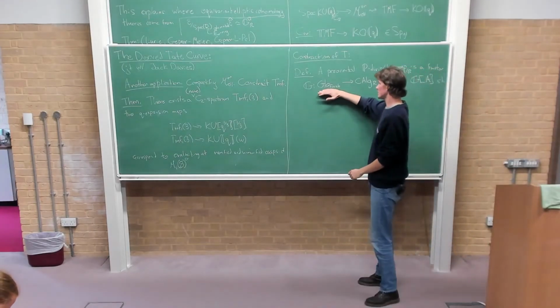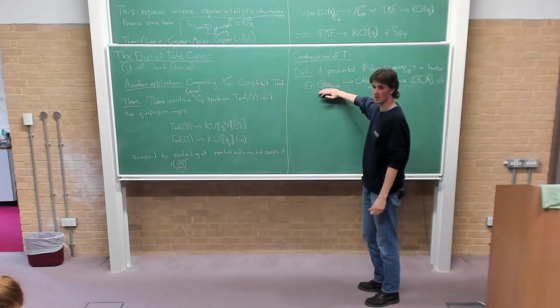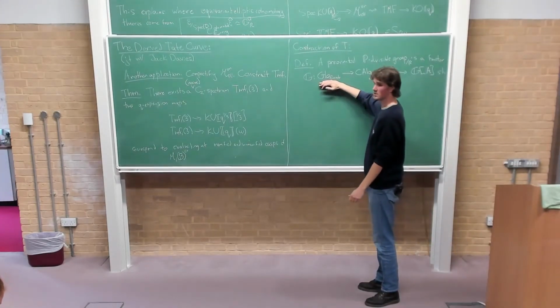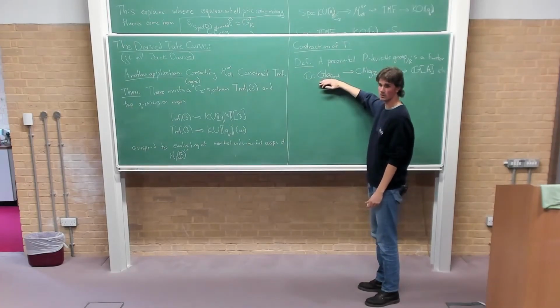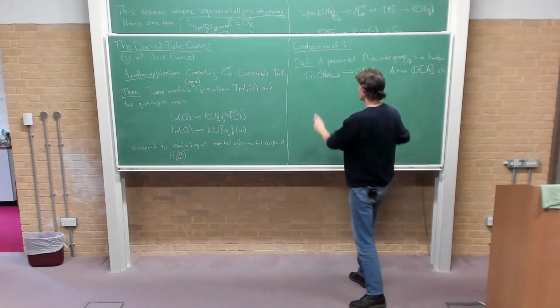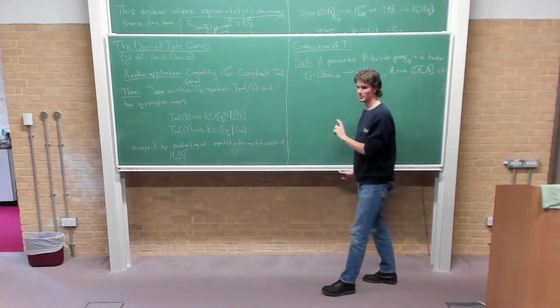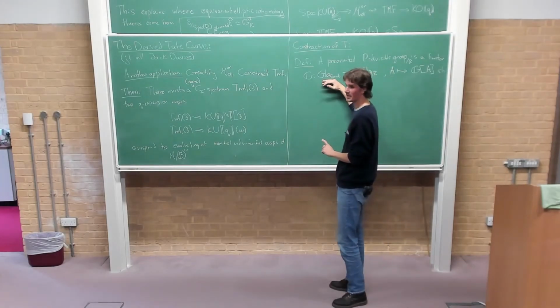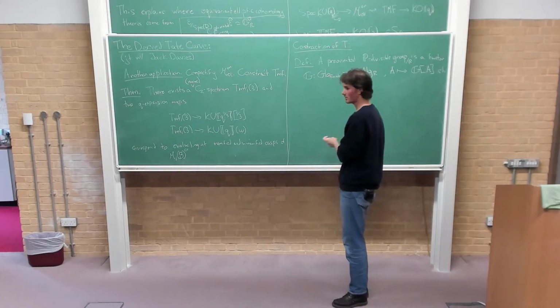What is this source category? It's just the subcategory spanned by the spaces BA, where A is a finite abelian group.